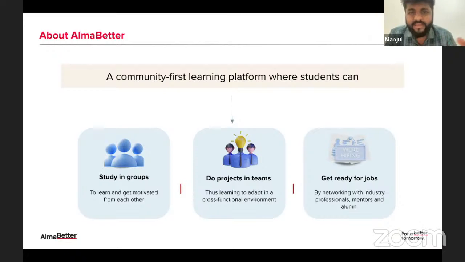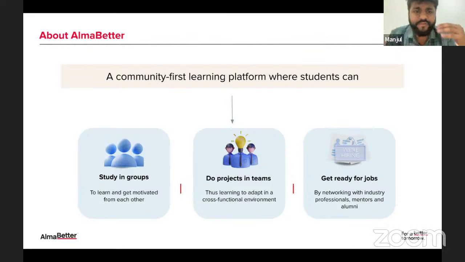That can be done best when you have good mentors, good teachers, and a good peer network around you, because a peer network helps you grow not only as a thinker but also as a learner.